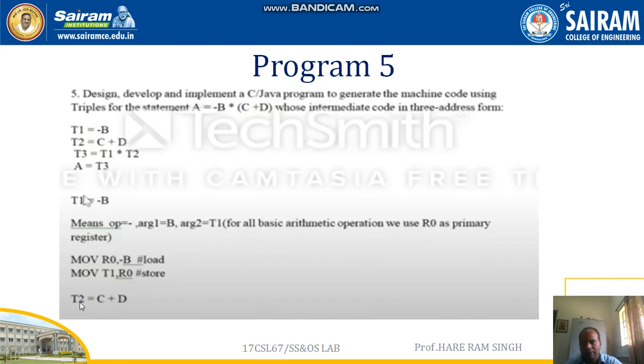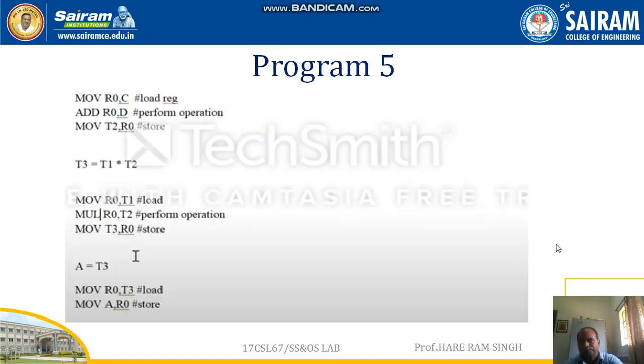Now the second statement we have to execute is T2 = C + D. This is how we are going to execute it. First we move or load the value of C to register R0. Then we add the value of D to the content of R0, because in R0 the value of C is stored.